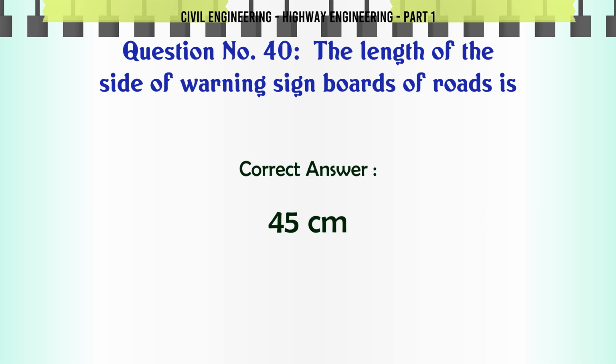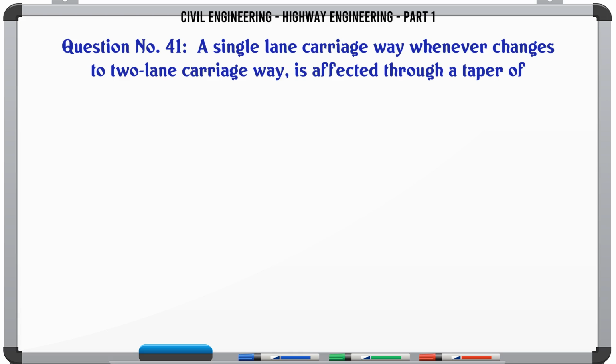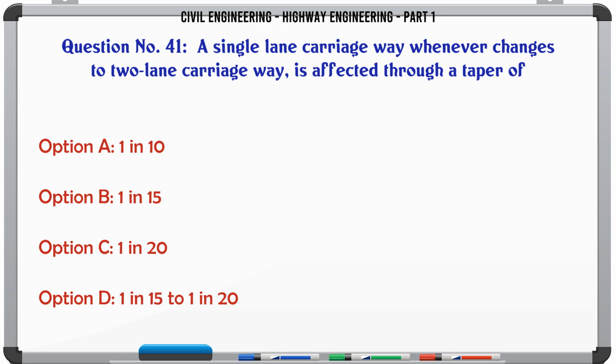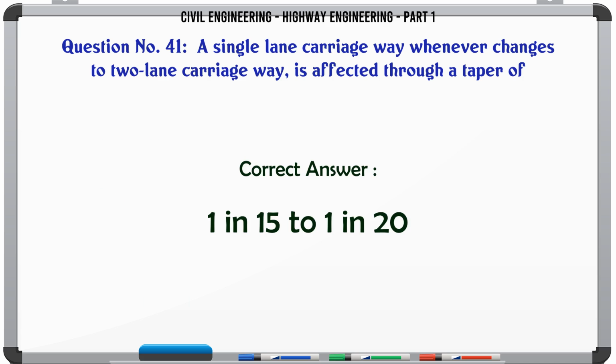The correct answer is 45 centimeters. A single-lane carriageway whenever changed to two-lane carriageway is effected through a taper of: A, 1 in 10; B, 1 in 15; C, 1 in 20; D, 1 in 15 to 1 in 20. The correct answer is 1 in 15 to 1 in 20.